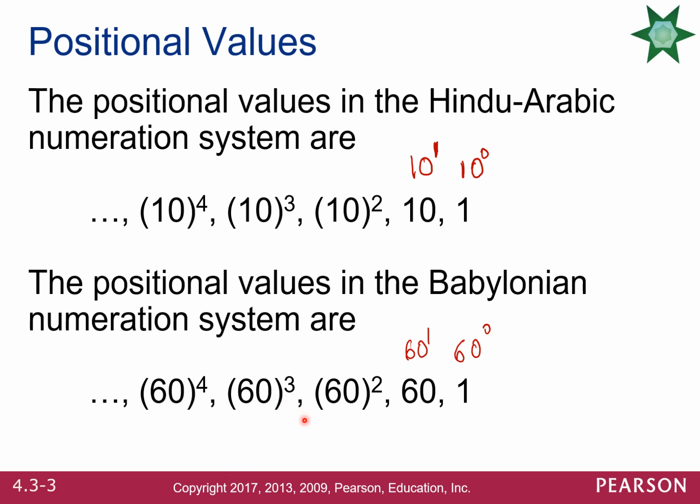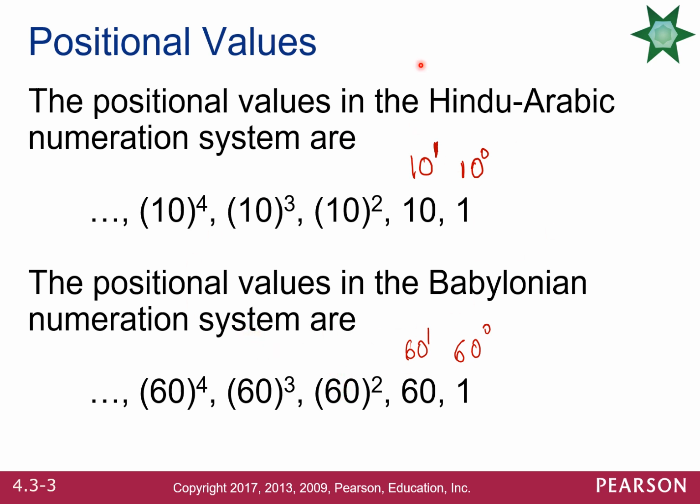When we talk about base 2 or base 3 or base 4 or any other base, it's going to follow the same thing, except instead of 10 to the power 0, if we are talking about base 2, it's going to be 2 to the power 0, 2 to the power 1, 2 to the power 2. So that's how the place values are going to be.